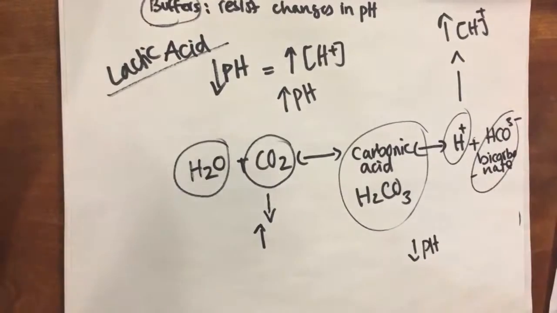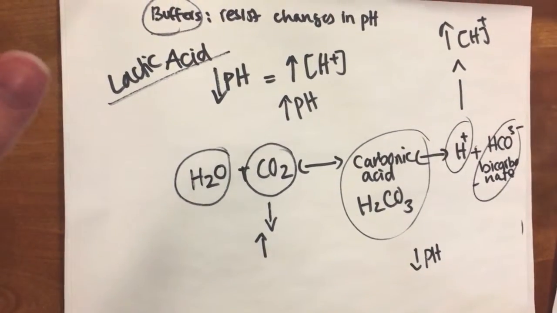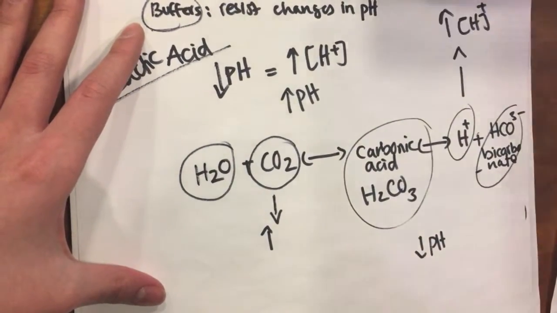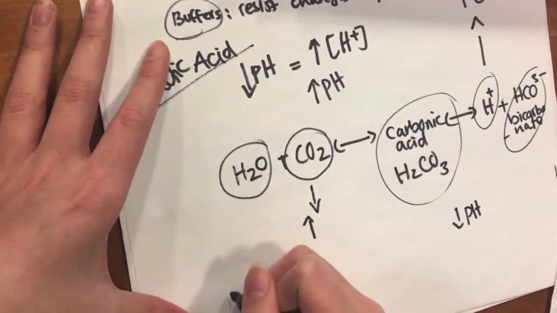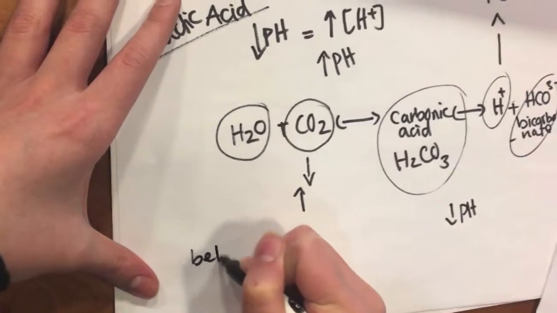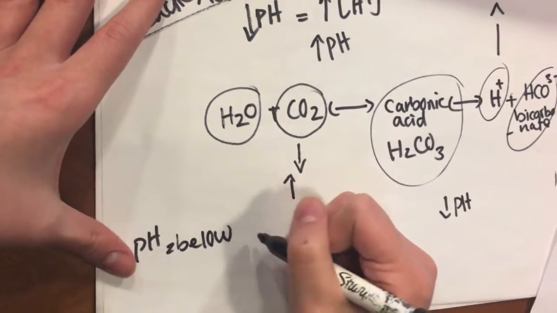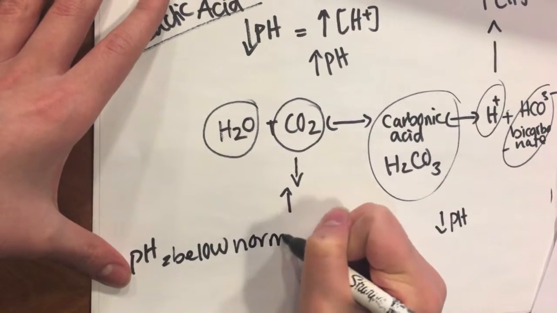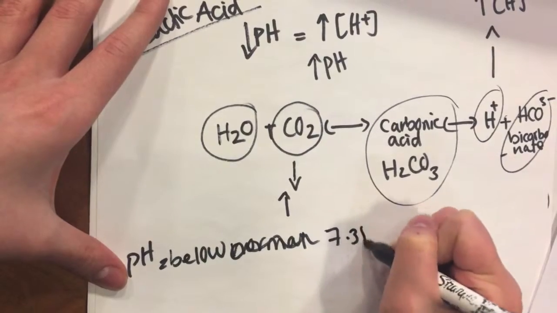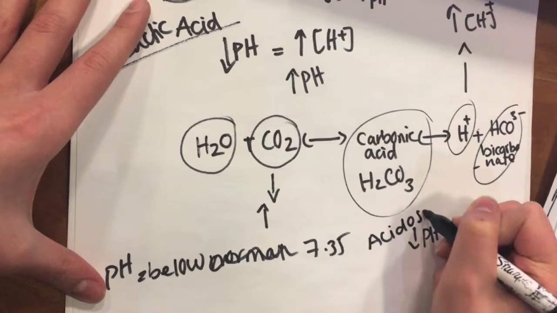The disruption of this acid-base balance happens when the body's pH tends to be above or below the normal standards. When the body pH falls below 7.35, you have a condition called acidosis.